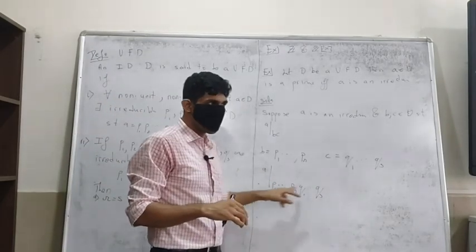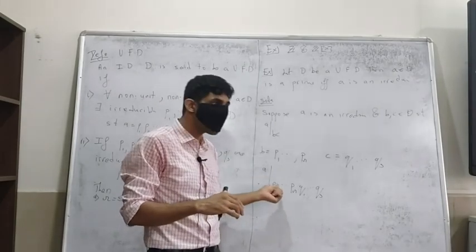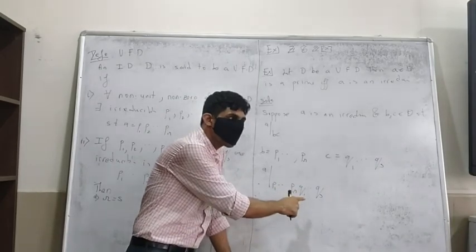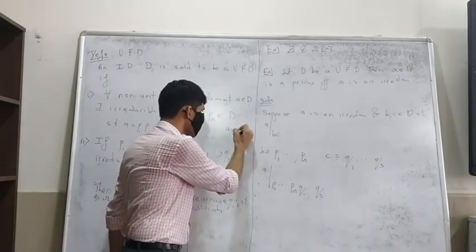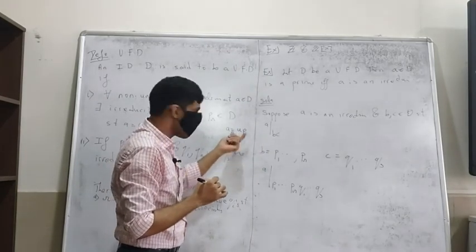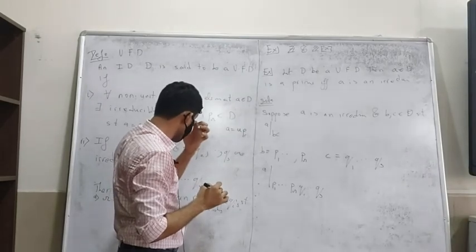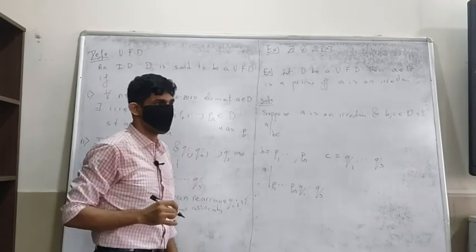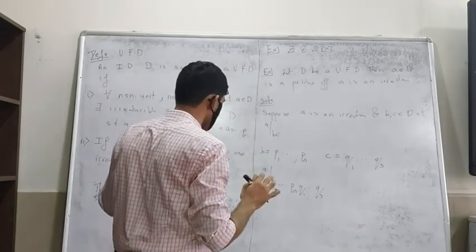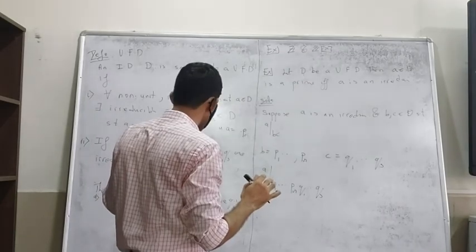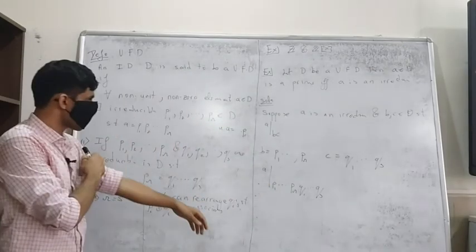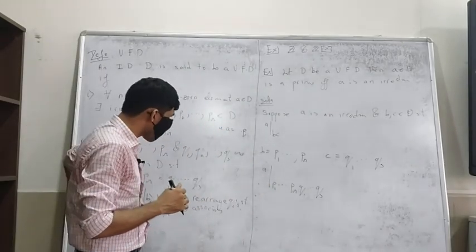A divides a product of irreducibles, which means that A should be an associate of one of them. Either it will be an associate of one of the Pi's, that means A can be written as some U times Pi.